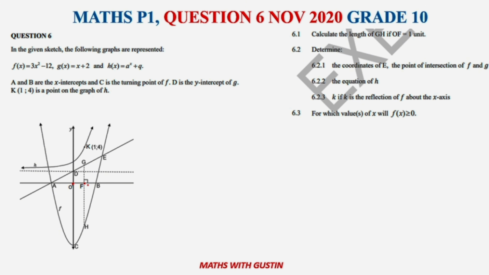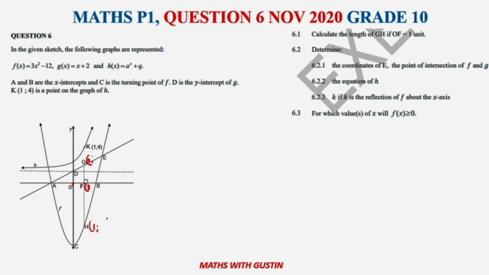So if this is 1, it simply means the x coordinate of F is 1. The y coordinate we don't know, but it's fine. Therefore, it also means at G, x is 1, and at H, it's also 1.